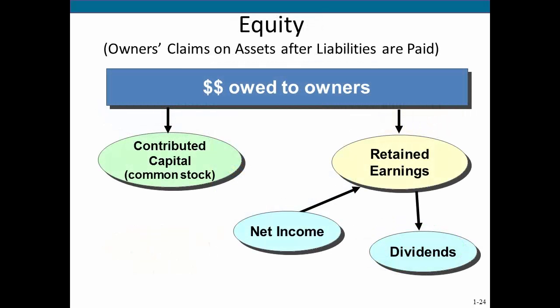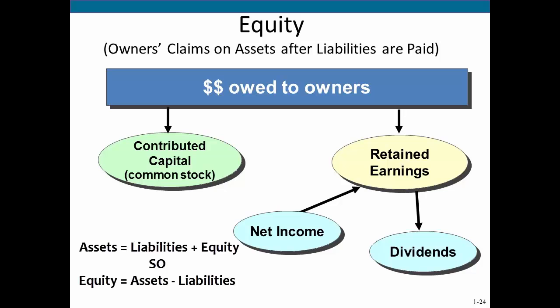Equity is the owner's share of a company's assets after liabilities have been paid and is equal to assets minus liabilities. This is important. Assets equal liabilities plus equity, and therefore, rearranging the equation, equity is equal to assets minus liabilities. Please make sure you understand this equation.